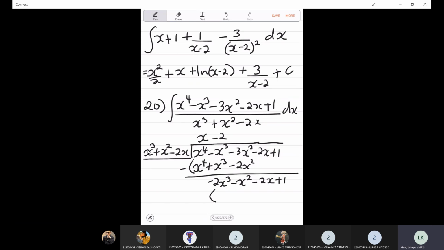And then we multiply negative 2 times x to the power of 3, that's negative 2x to the power of 3, and then negative 2 times x squared is minus 2x squared, negative 2 times negative 2x is positive 4x, and then we subtract, this gives 0, negative 1 minus negative 2 is positive 1, and then negative 2 minus 4 is negative 6, and this one just comes down. Okay, so don't write that plus 1.